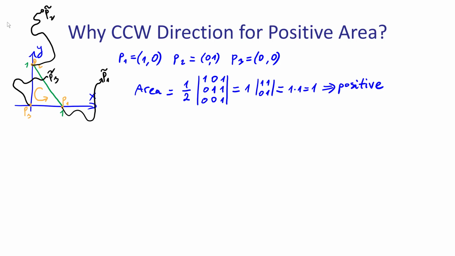Now, if we preserve the same counterclockwise direction of the triangle, they will not become collinear. And collinear means that they all sit on the same straight line. So those are collinear points, sitting on the same line.